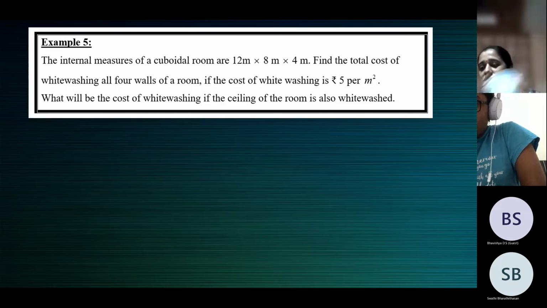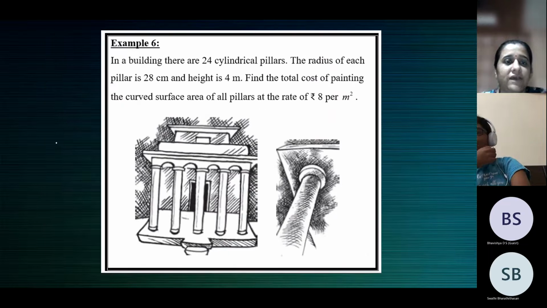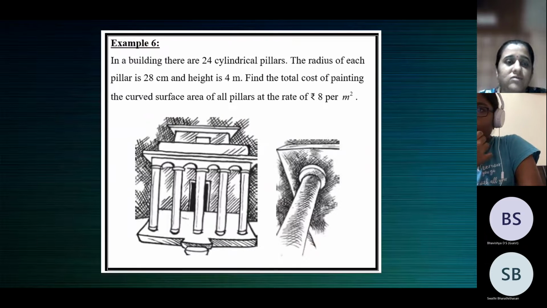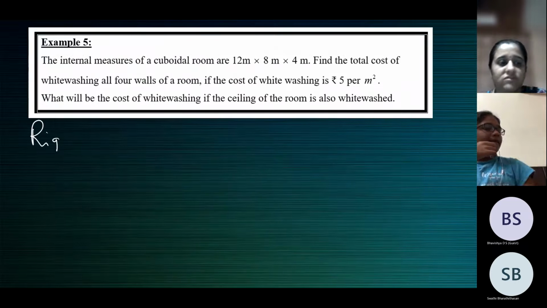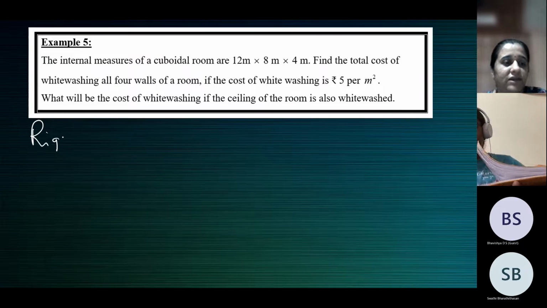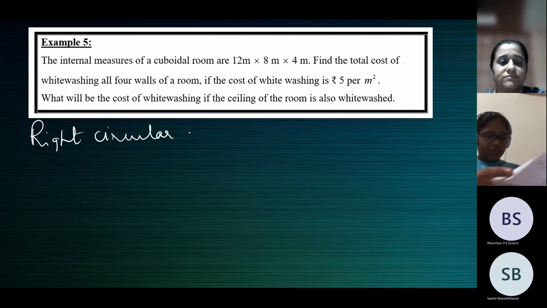This is a right circular cylinder, children. This is the next heading, because example 6 is about a cylinder. So give the heading: right circular cylinder.